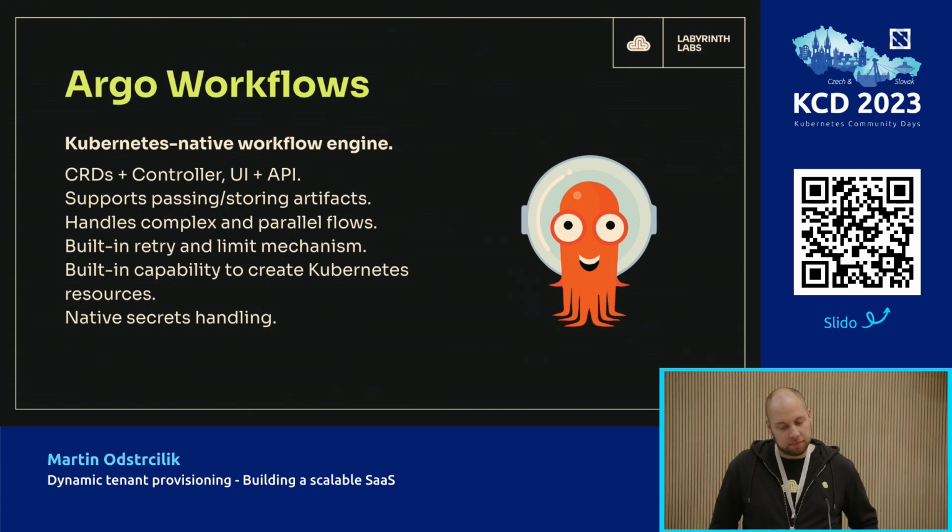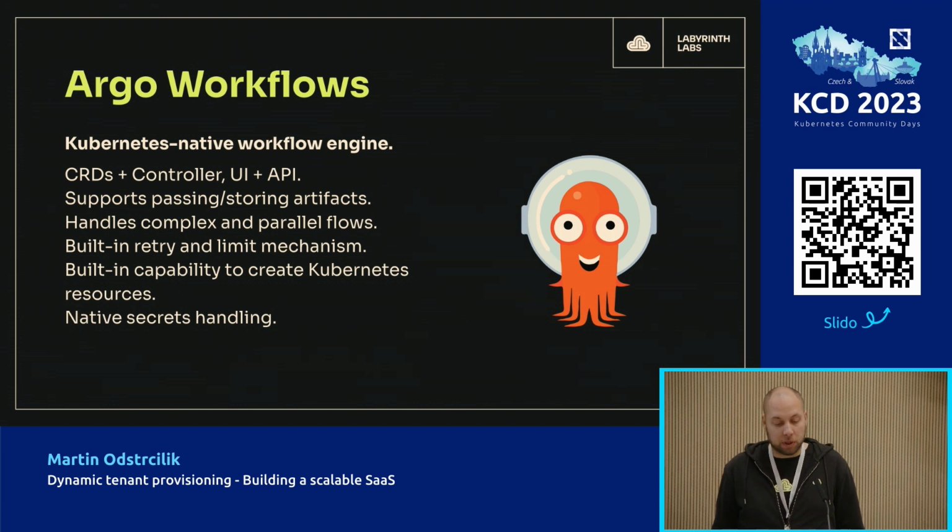Here I listed some neat features of Argo Workflows, and I will be talking about them in more depth later on: supporting passing and storing artifacts, handling complex and parallel flows, built-in retry and limit mechanisms, capabilities to create Kubernetes resources, and Kubernetes-native secret handling.